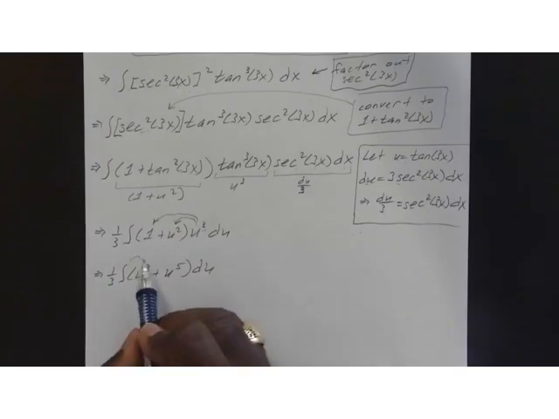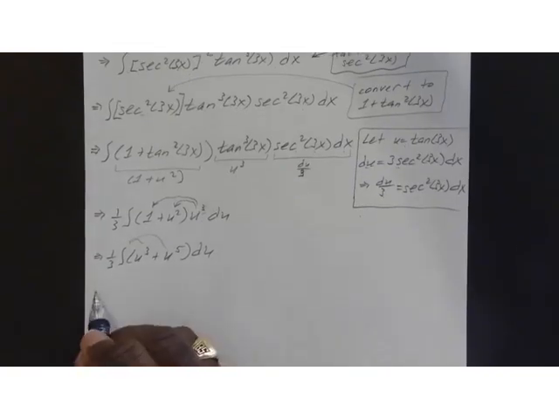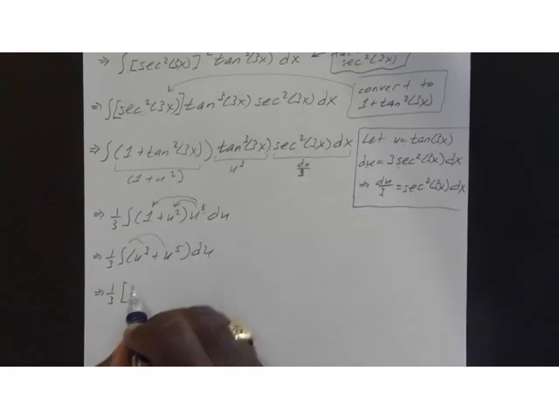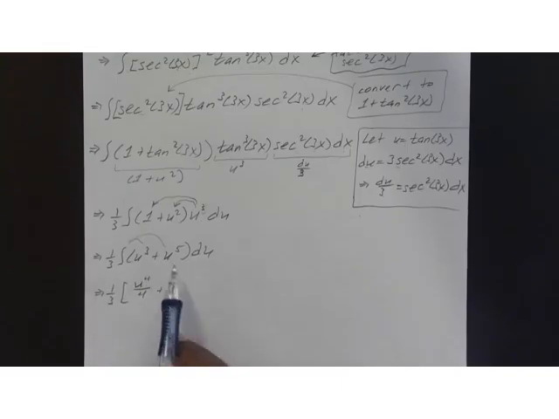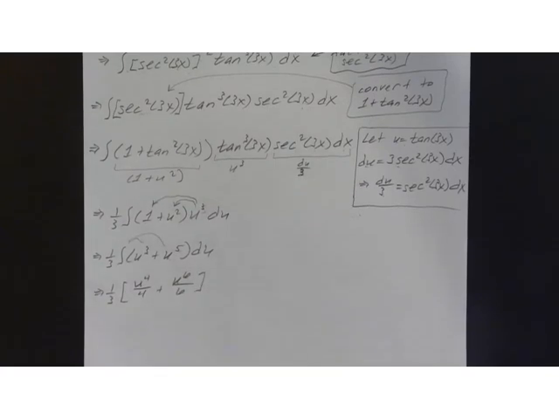And from there, we just go ahead and integrate each term. That's 1/3 times the integral of u to the third power, which is u to the fourth power over 4, plus the integral of u to the fifth power, u to the sixth power over 6, plus c.